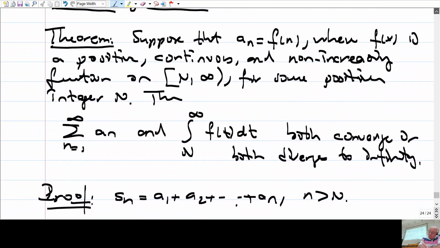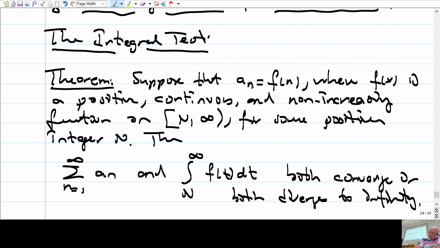Because by assumption, a_n and f(n) are the same on this interval. So if n is larger than big N, then instead of a_n, I can write f of n. They are equal on this interval, meaning that n should be at least this big N.